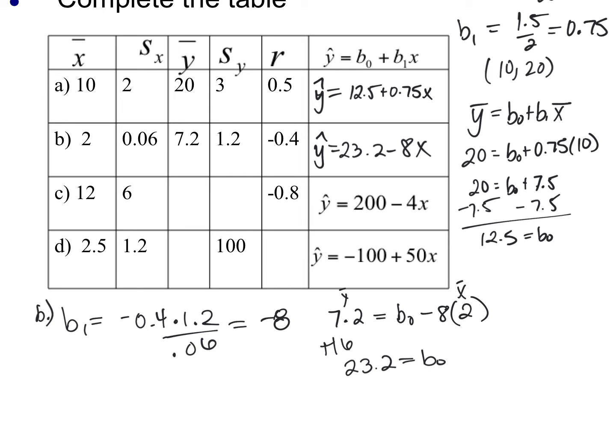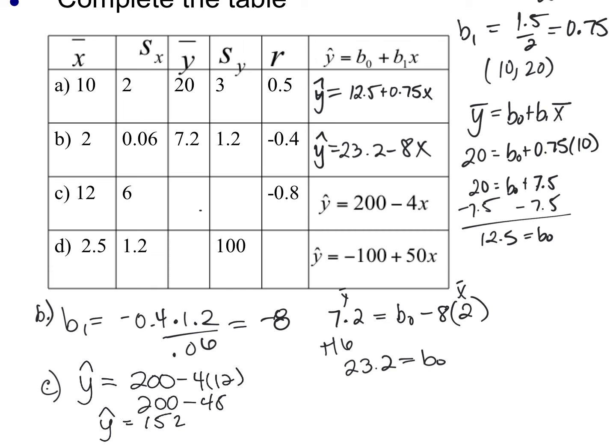How can I find the mean of y? Plug in 12. Plug in the mean of x into the equation, and that should give me the mean of y, right? Yeah. Okay, so y hat equals 200 minus 4 times 12. 200 minus 48, 152.